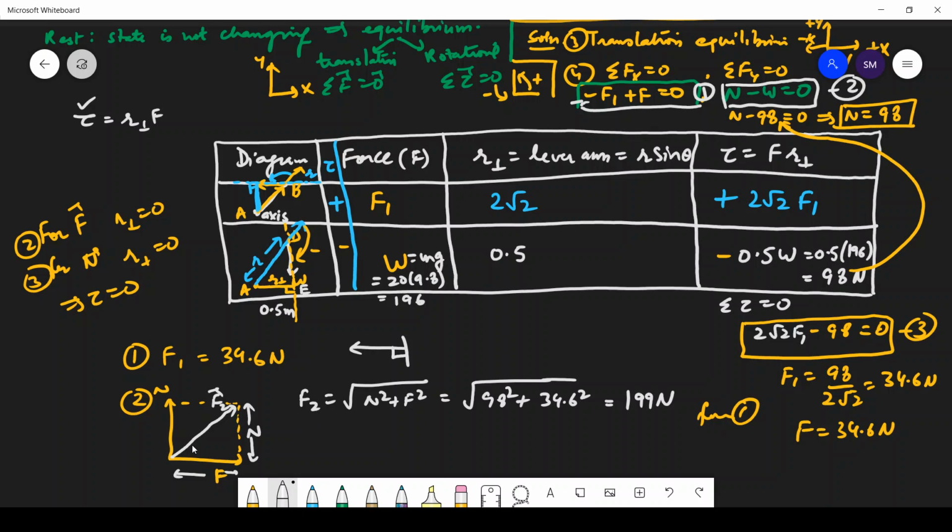What is the direction of this F2? Suppose this is making an angle alpha here. So what is tan alpha? Tan alpha is equal to perpendicular upon base, so perpendicular is N upon F. So what is N? We have calculated N over here, that is 98, and F is 34.6. So that comes out to be, we can take it in root also, students, keeping it 2 root 2.